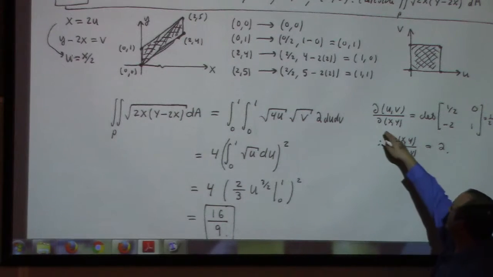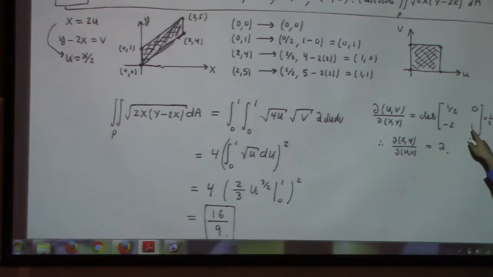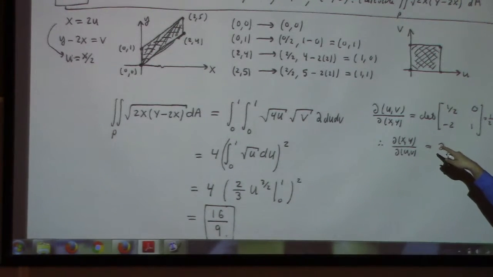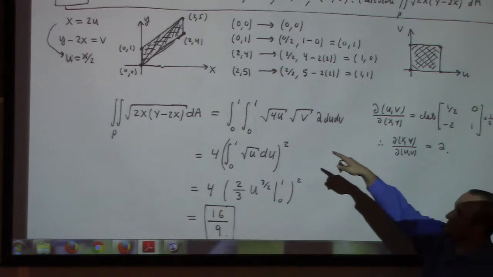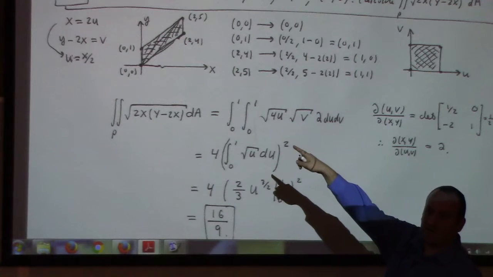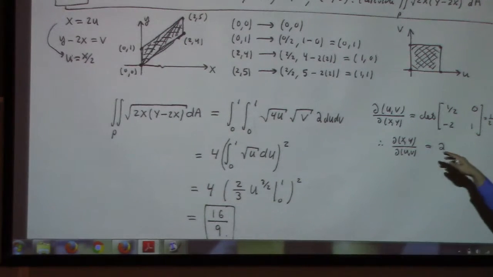So here it is. If you calculate the partial of (u, v) with respect to (x, y), that's kind of easy because of the formulas you're given here, right? You can easily see that u is equal to x over 2 and v is equal to y minus 2x. So it's really natural to calculate this Jacobian.